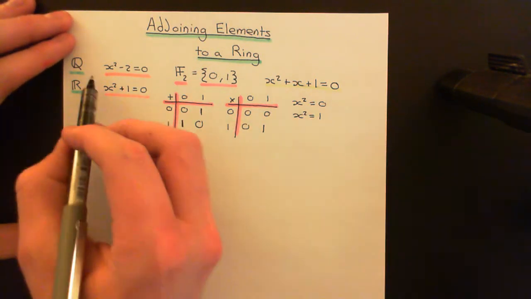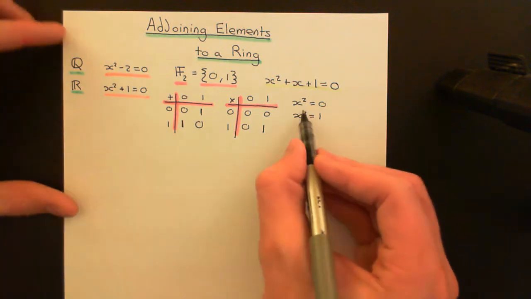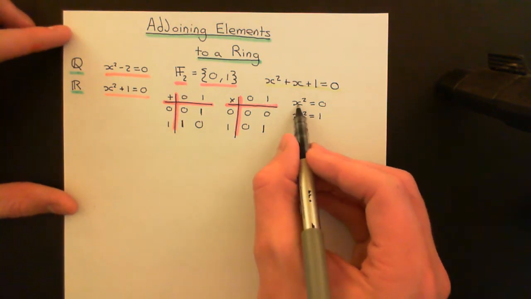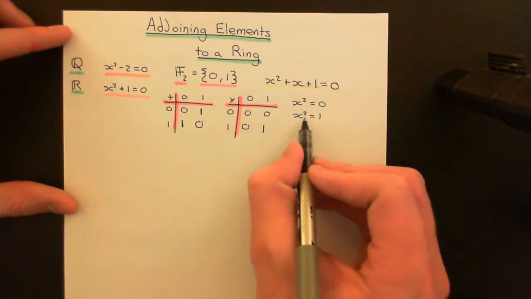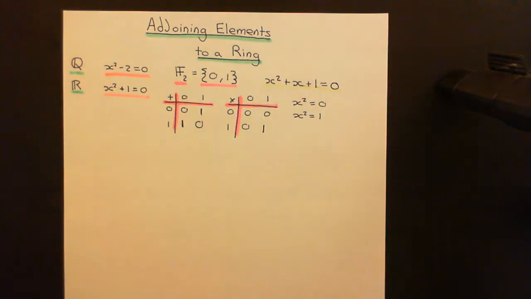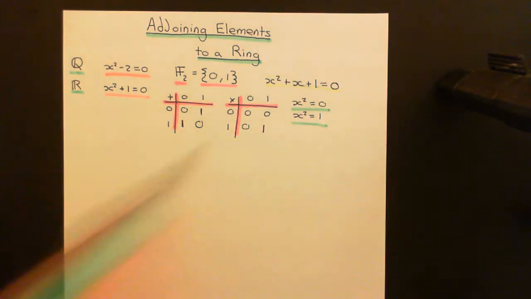Those are the only two quadratics of this form that I could concoct, okay? And of course there's solutions to both of those. So x is equal to 0 is a solution for this one, and x is equal to 1 is a solution for this one. Okay, so it wouldn't be a good example to pick. You could use it, but we're not going to, well, we will see that you could use it later on, but we'll use this one instead.